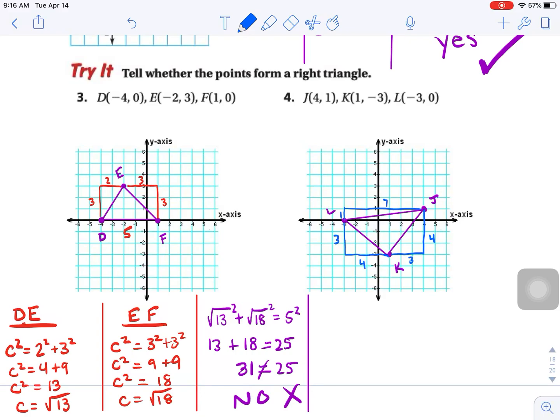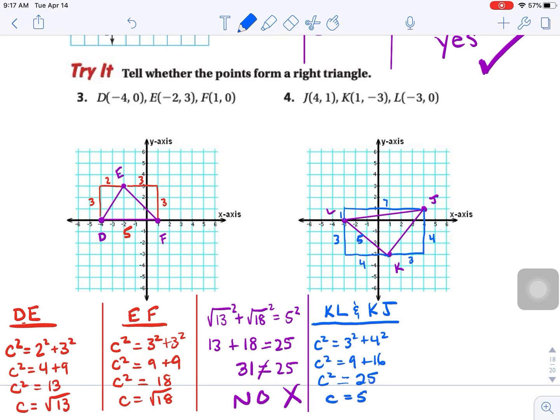All right, so I know we just said KL and KJ are both 3 by 4s. So if we find that, c squared equals 3 squared plus 4 squared. So 9 and 16, that would be 25. Square root of 25 is 5.